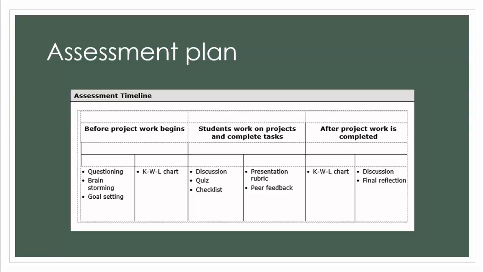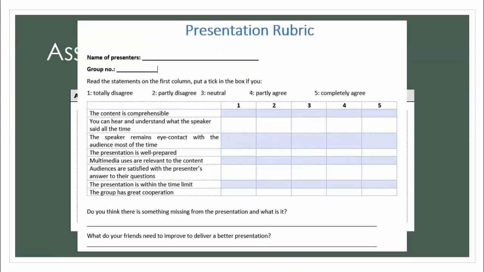During the projects, students will be divided into groups and they will hold discussions with each other about the content of the presentation, about grammar points. After the presentation is delivered to the classmates, the audience will fill in the presentation rubric. In the presentation rubric, there will be 2 parts.